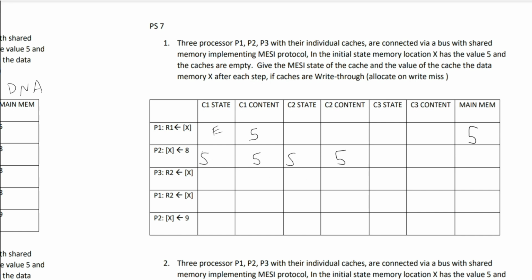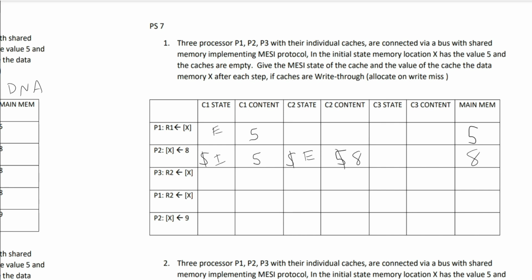So then this becomes invalid. And then this will be changed to an 8. And it'll be exclusive now, right? And then this will become 8 in main memory. I think that's what happens, right?